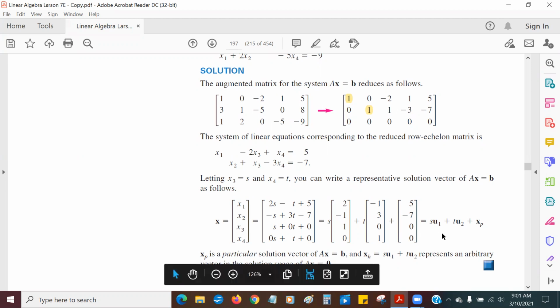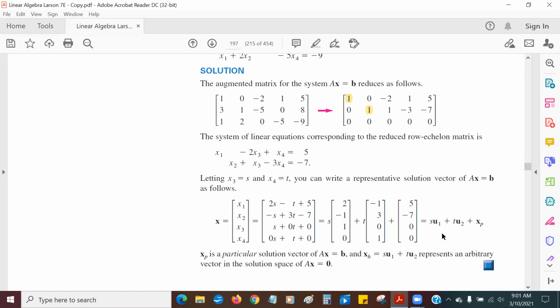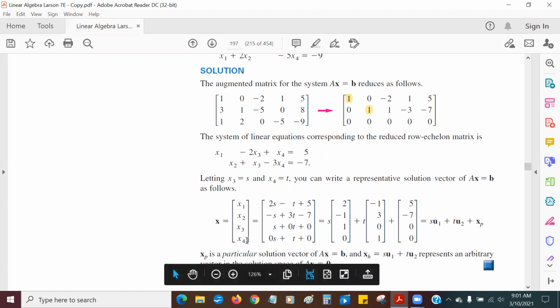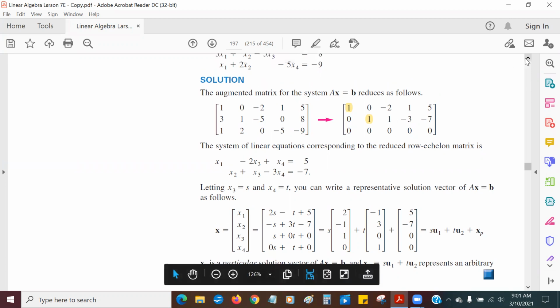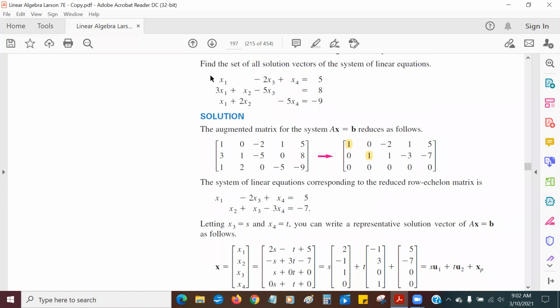Meaning that if I would just ignore the parameters, if I would just plug in x1 equals 5, x2 equals negative 7, and x3 and x4 both equal 0, and plug that into the original equation, I would get here 5 plus negative 7 minus 0 equals 8.